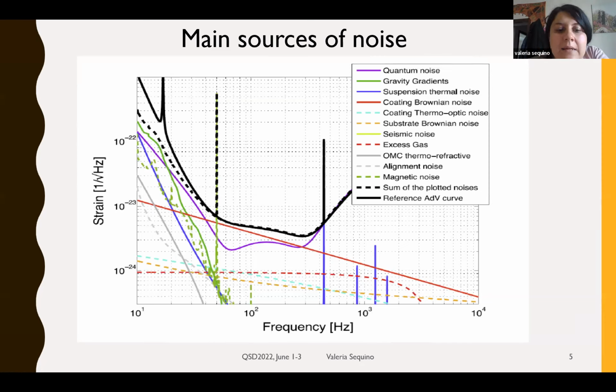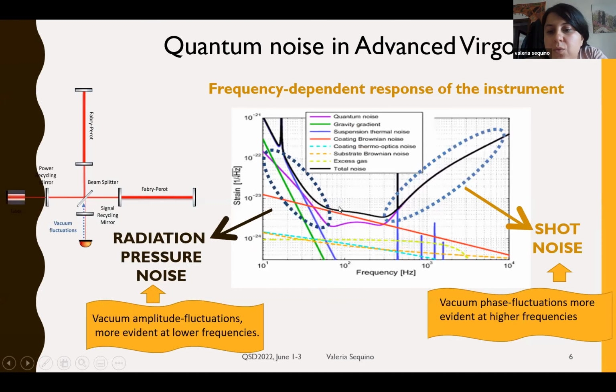We can see that at high frequency, the sensitivity curve, this black curve, is limited by quantum noise, and in particular this quantum noise is shot noise, and this is due to the vacuum phase fluctuations.